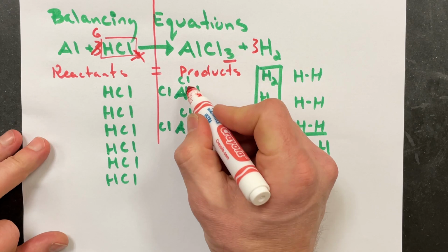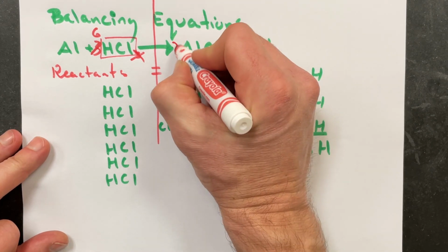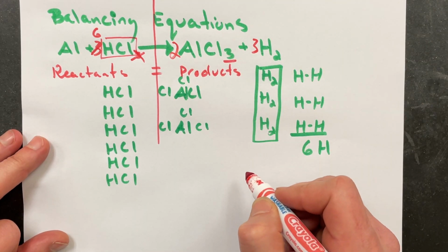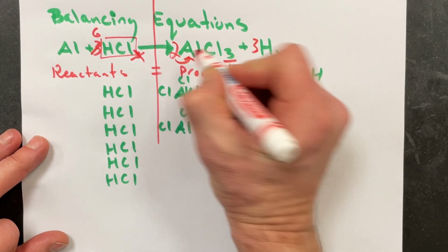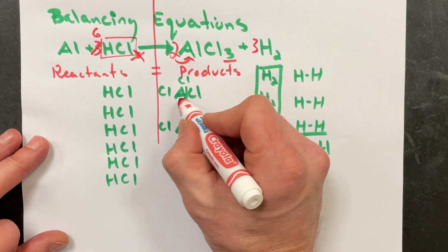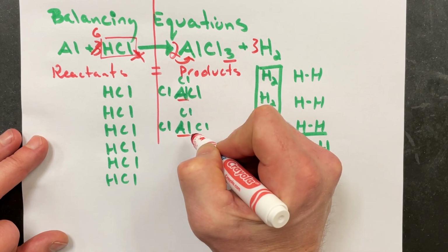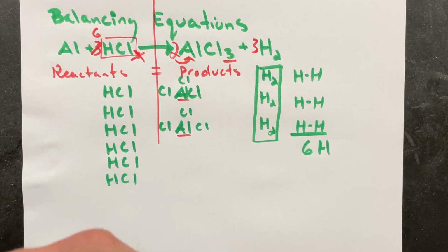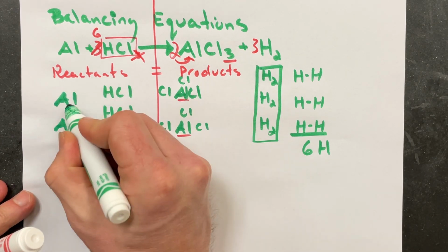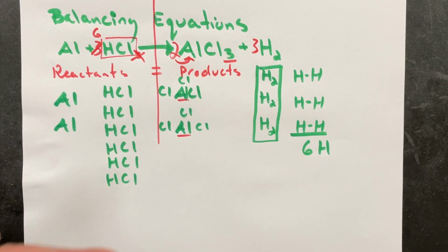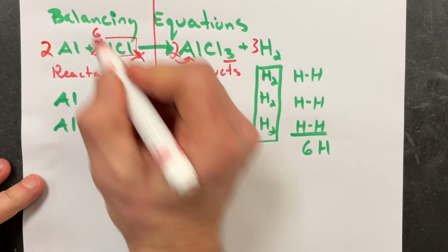So to show that we have 2 of them, we're going to put a 2 right out front. And that 2 is also going to be related to this aluminum here because I have 1, 2 aluminums. And over here, I currently only have 1 aluminum. To get 2 aluminums, the way that we'll show that is by putting a 2 out front.